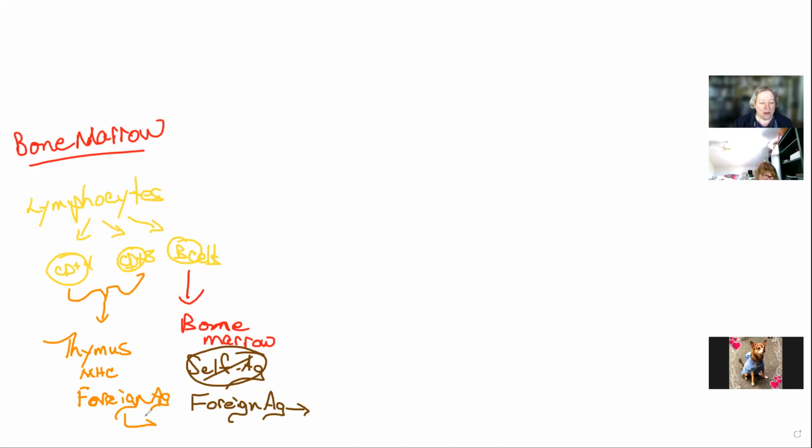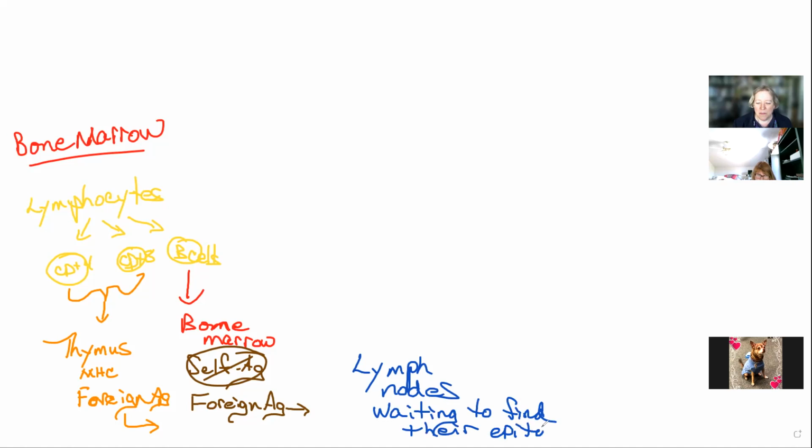And these get to go on. Okay. So we're going to say that they all go on to the lymph nodes. Okay. Where they hang out waiting to find their antigen, okay, or specifically to find their epitope. Okay, which is a piece of an antigen. Okay.